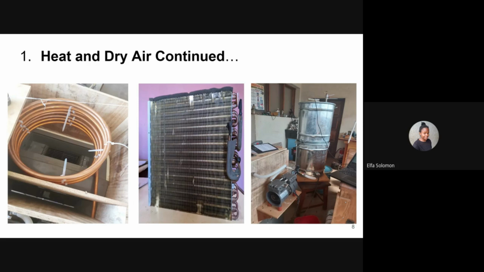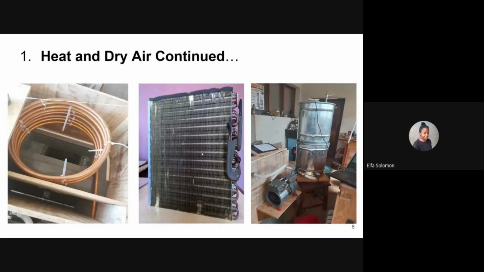Here are the materials we used during the zeolite regeneration process. To your left is a box containing copper pipe, where air from the compressor is passed through to allow condensation of the water in the air to take place.